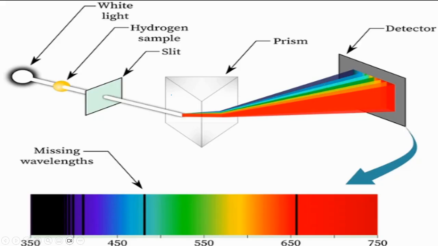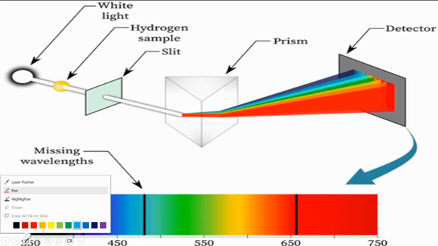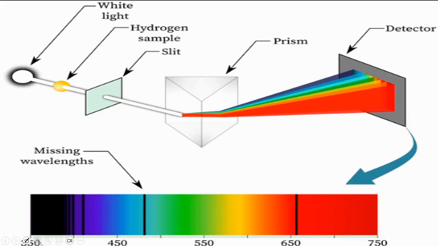But in reality, atoms are giving line spectra. How the line spectra is formed, I'm showing with this drawing. You can see here there is a source of white light. When the white light is passing through hydrogen gas, and hydrogen gas is giving out electromagnetic energy, that electromagnetic energy is made to fall on a prism.